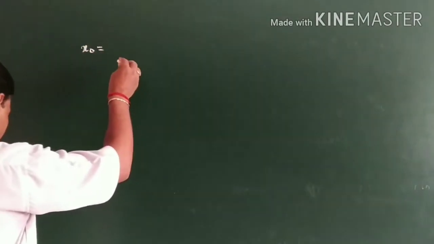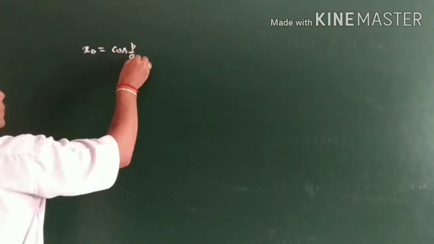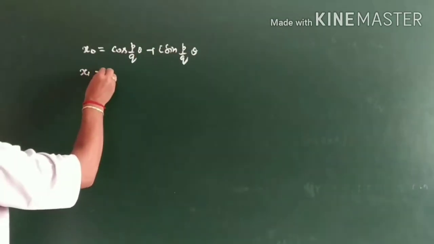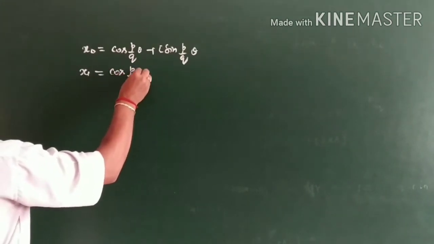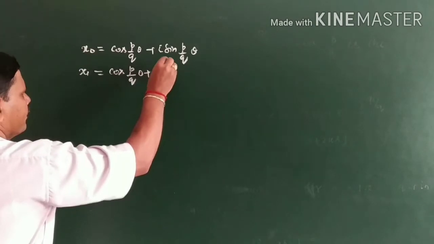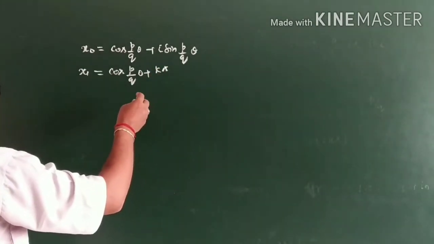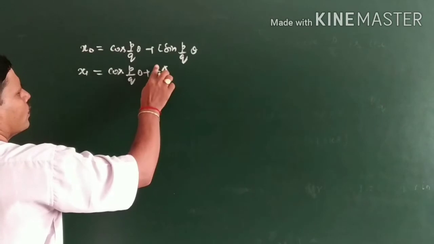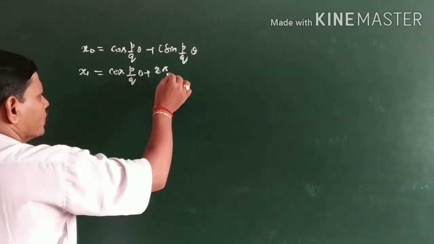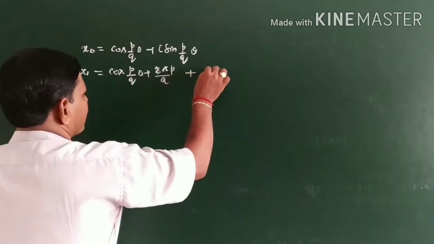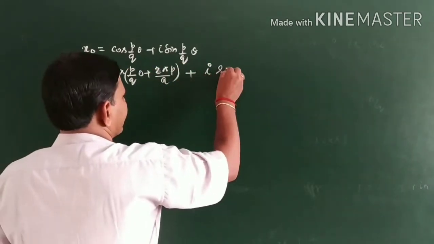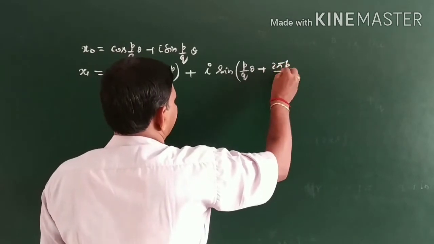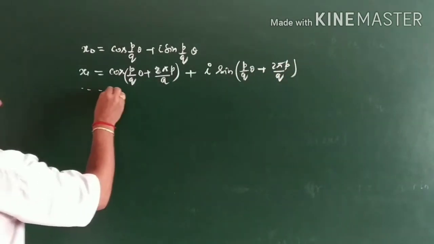So x0 is equal to cos p by q theta plus I sin p by q theta, x1 is equal to cos (p by q theta plus 2 pi p by q) plus I sin (p by q theta plus 2 pi p by q), and so on.